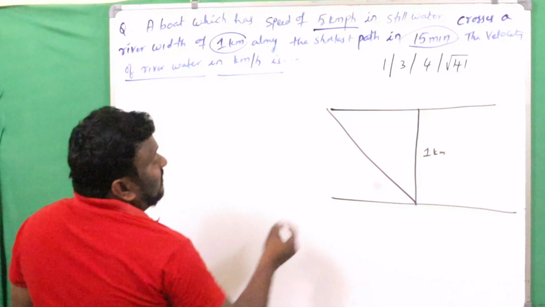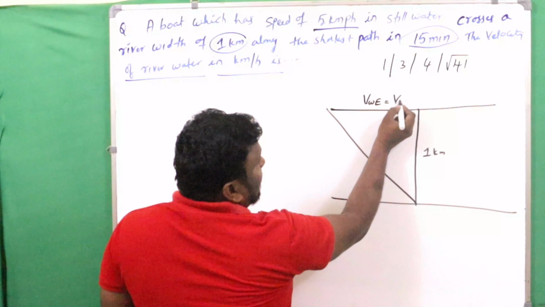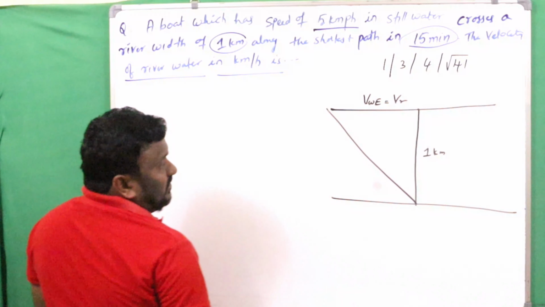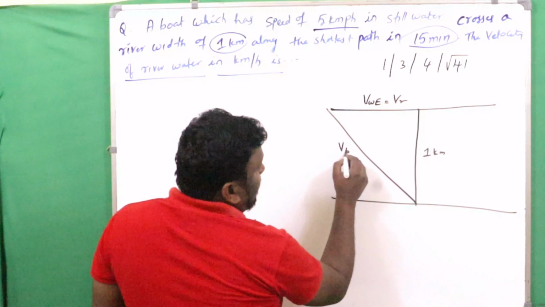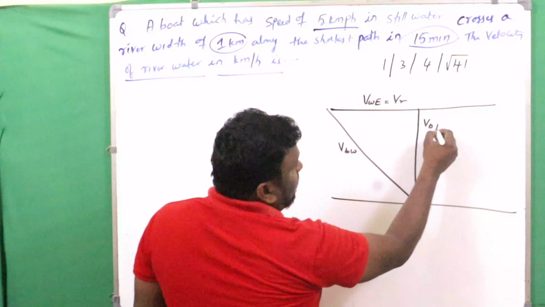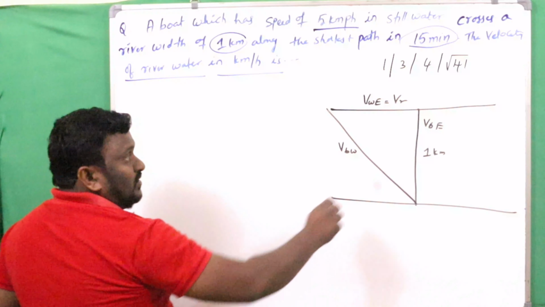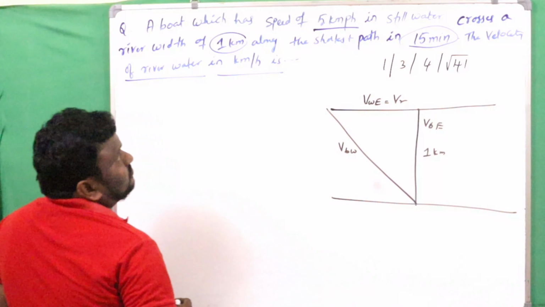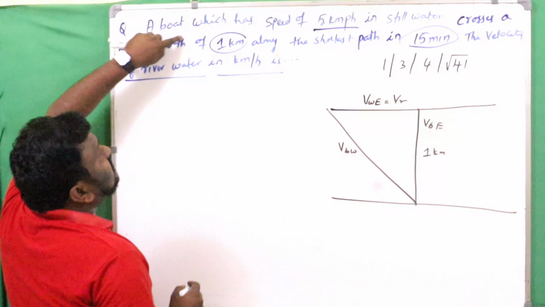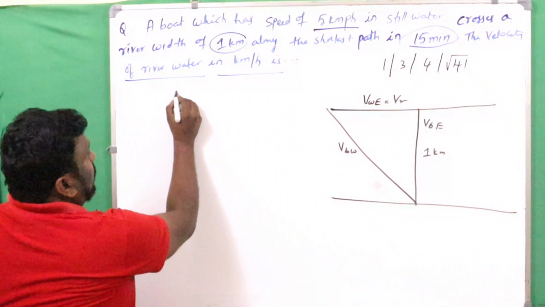Then VWE is the velocity of river, this is VBW, and this is VBE, the velocity of boat with respect to the earth or ground.